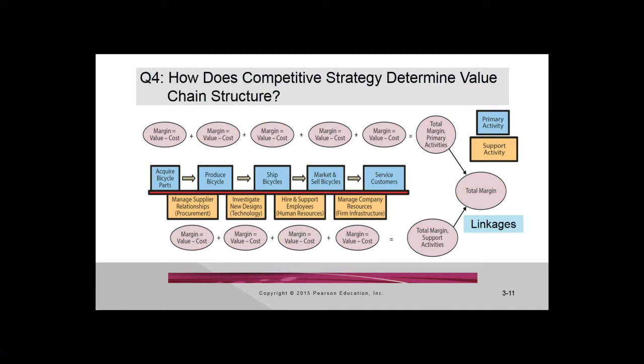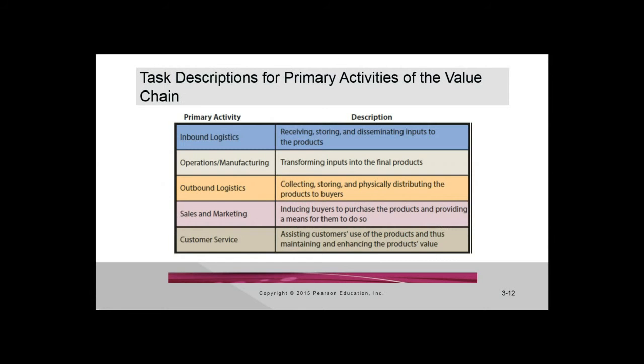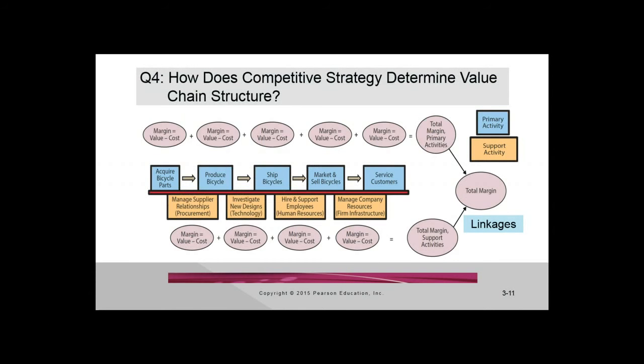And when we talk about that, we talk about something called the value chain. And the value chain in a business is all the activities that add to that value. And your book defines, and this is good, I'm not going to go into this in great detail, 5 primary value-adding functions in the business world.